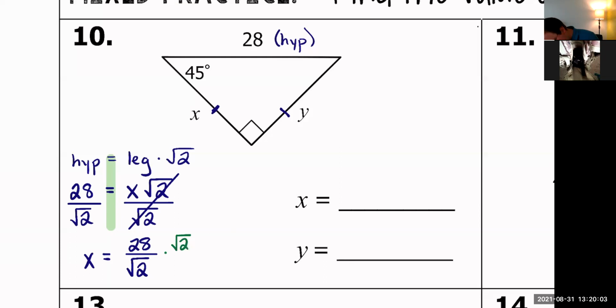So I'm going to multiply by square root of 2 over square root of 2, which gives me 28 times the square root of 2 over the square root of 4. And what is the square root of 4? 2. So both of my legs should be the same, and they are 28 times the square root of 2 over 2.